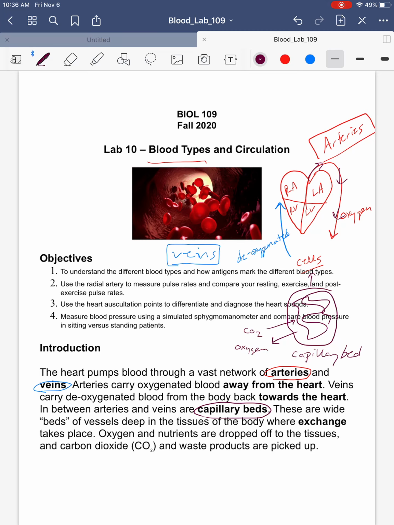Because carbon dioxide, it's a waste product, so we don't want it to build up. So we put that accumulating waste product of carbon dioxide back into the capillaries, and then that carbon dioxide-rich blood travels back through the veins. Remember, the veins carry blood towards the heart, but this blood is deoxygenated, so it does not contain oxygen, but it does contain CO2.